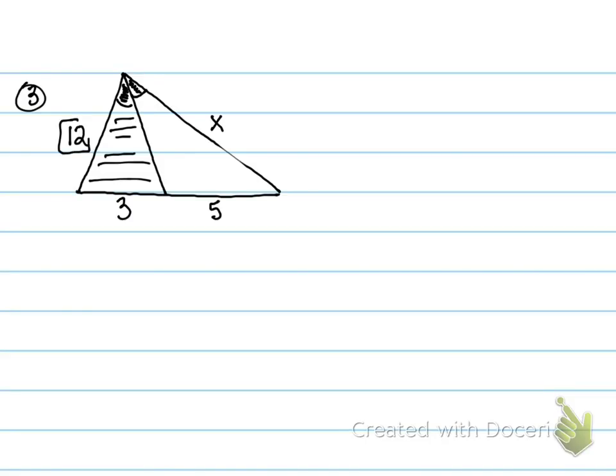Well, obviously we've got 12 over 3. So we can set this up, 12 over 3. Since I started on the top over here, I need to start with the x over the 5. So x over 5. Okay, and that way everything is in its correct spot, its correct location that we need it to be in.